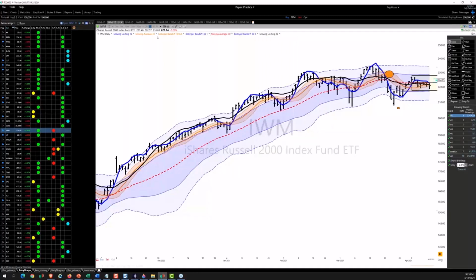And now I'm actually going to take the Bollinger Bands off because I want to talk about the relationship between regression lines right now.